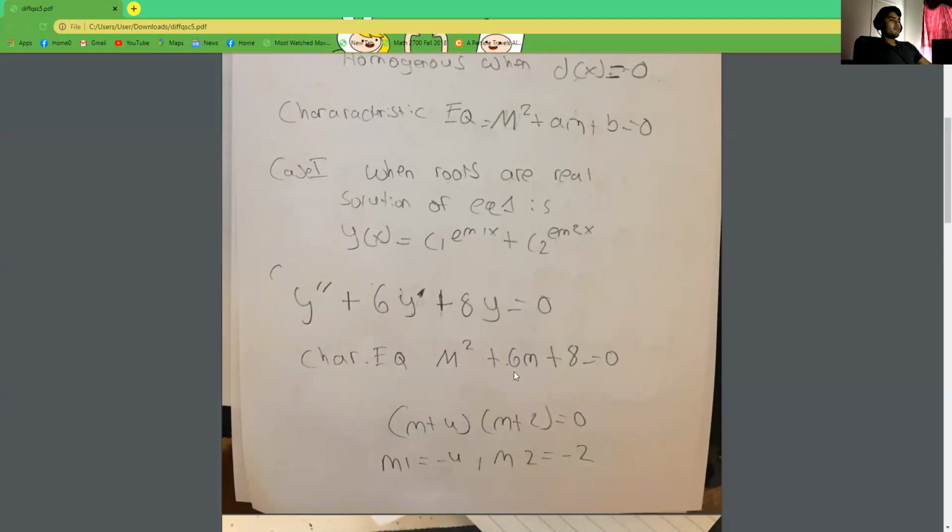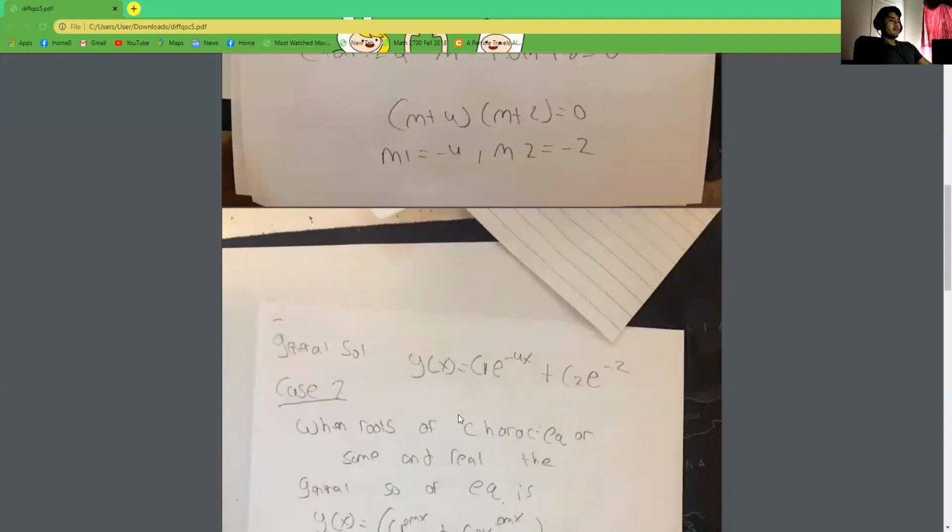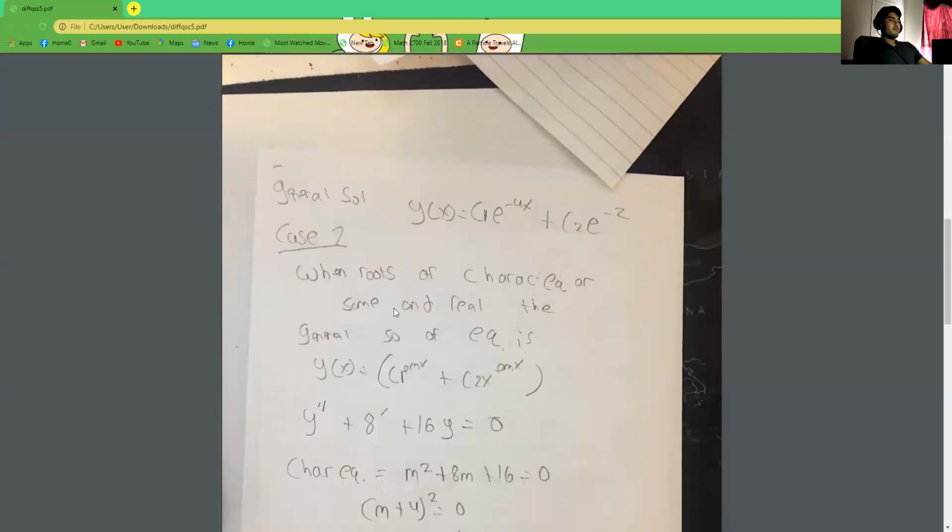We get m squared plus 6m plus 8 equals 0. We factor that easy. We get m1 equals -4, m2 equals -2. Those are real. And then we plug that into the formula. So y(x) equals c1 e to the -4x plus c2 e to the negative 2x. That should be an x. I don't know why I didn't write it, but yes.